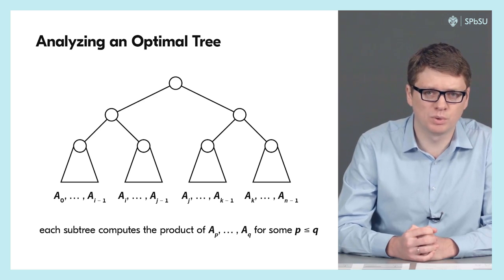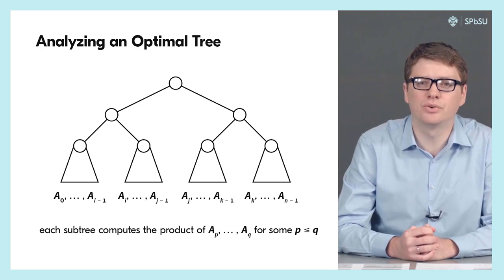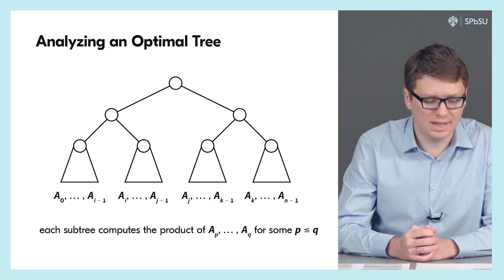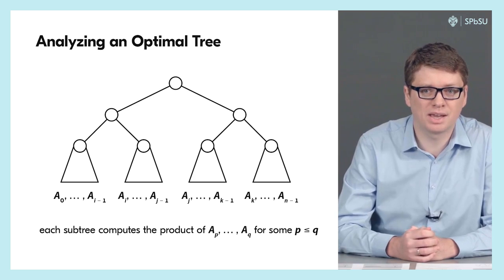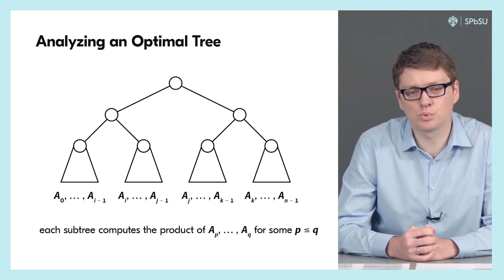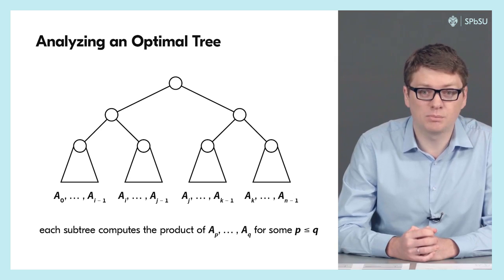The next one will multiply matrices from AI to A(J-1). The next one will go from AJ to A(K-1) for some K, and finally the rightmost one will multiply matrices from AK to A(N-1).